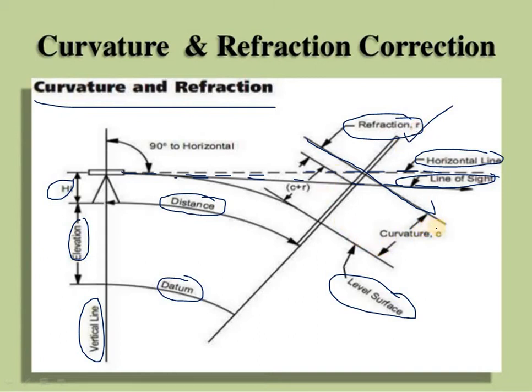This is curvature, the difference between the refracted line and the level surface line. This is denoted as C. So we state here C plus R. We can see this is 90 degrees to the horizontal, that means the perpendicular axis to the instrument line.